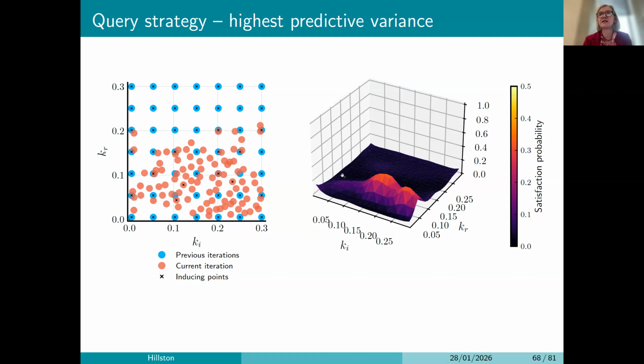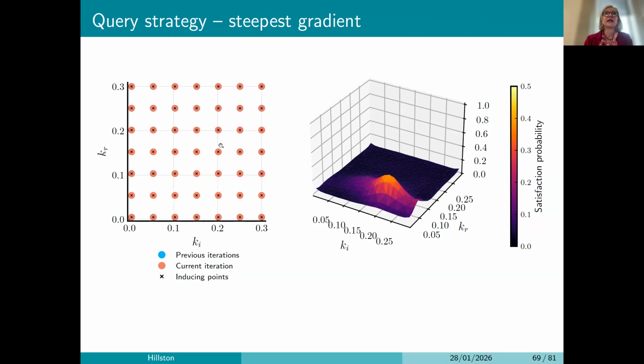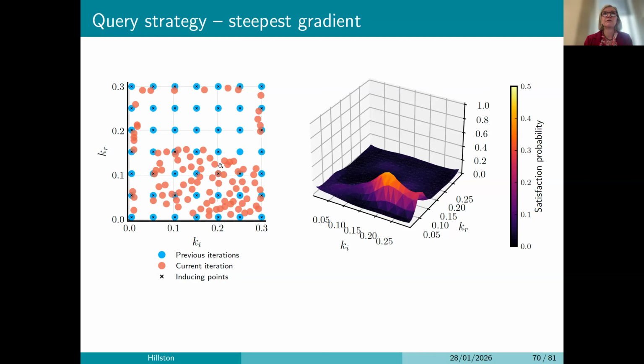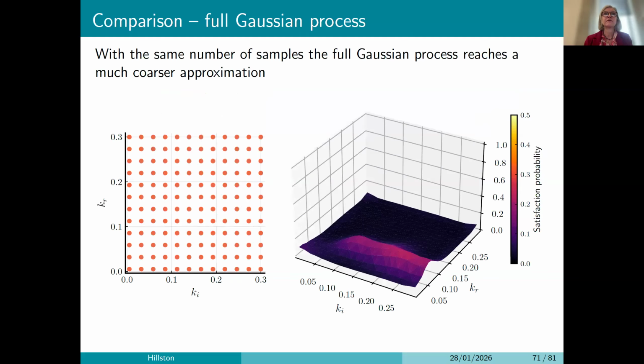You see that's clustered in this area where there seems to be highest predictive variance, so that's where the slope is. If instead we look at the steepest gradient, again we start with these inducing points, but then at the next step we get these orange ones where we're seeing the highest change in the values that we impute.